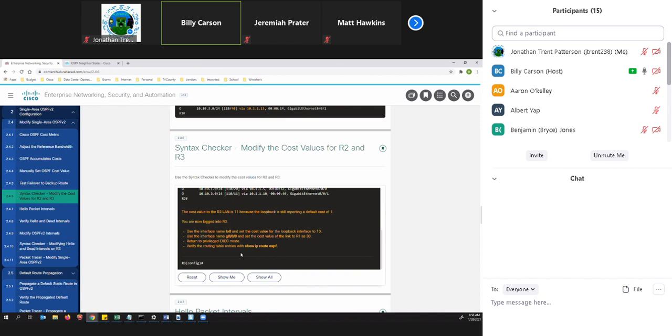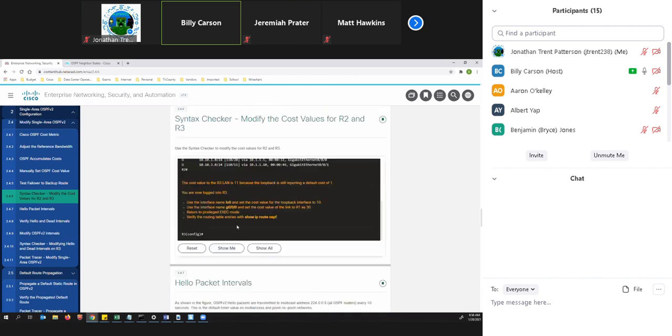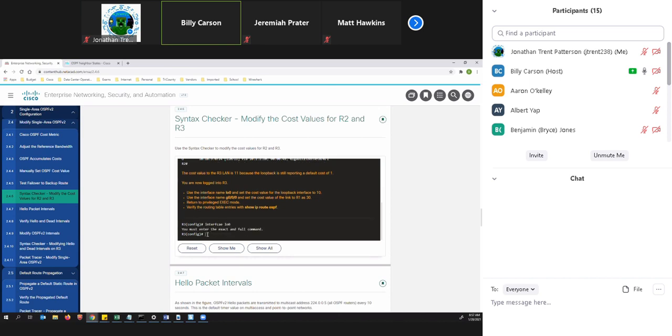So what's the first thing we've got to do here? Go to the loopback interface. Okay, so if we go to loopback interface, lo0.